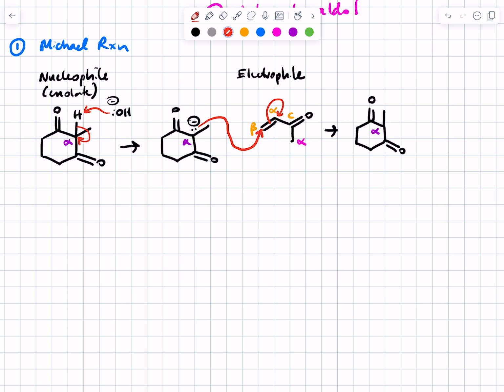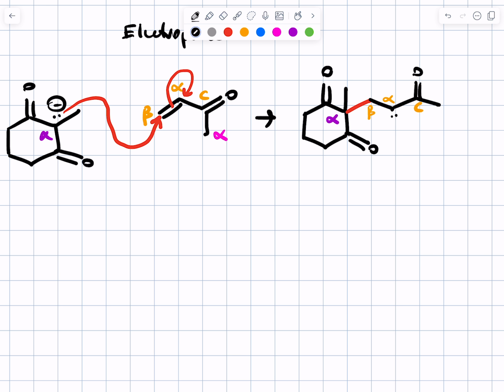Here is the new bond we just made with the beta carbon, beta, alpha. And then here's the carbonyl carbon. And of course, that alpha carbon has a negative charge on it.